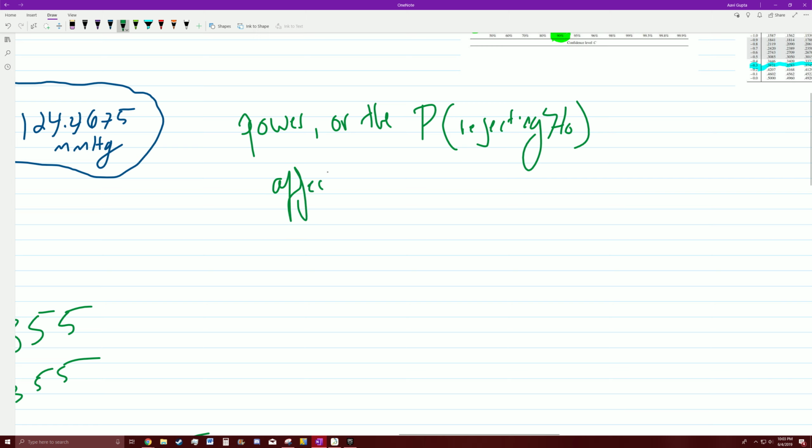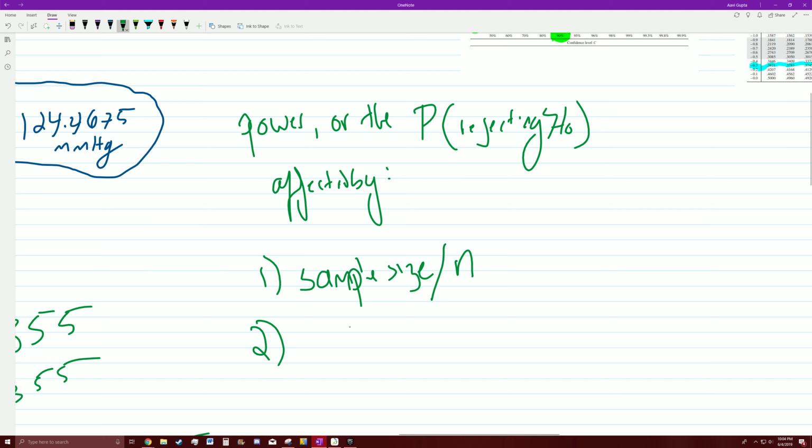So affected by 1. It's affected by sample size, or N, and 2, alpha / confidence level.